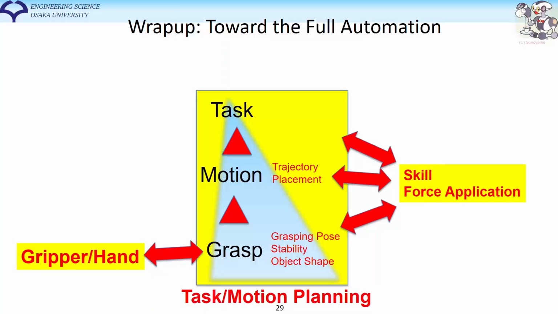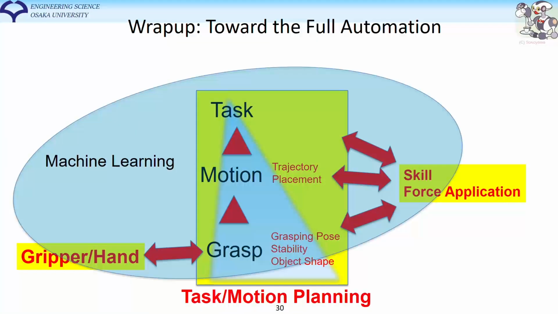For example, we have to construct a gripper or hand adequate to perform the task. In addition, we need to apply human skill to perform the required task, which usually includes force application, and force control is needed to realize such a task. But this is not enough.